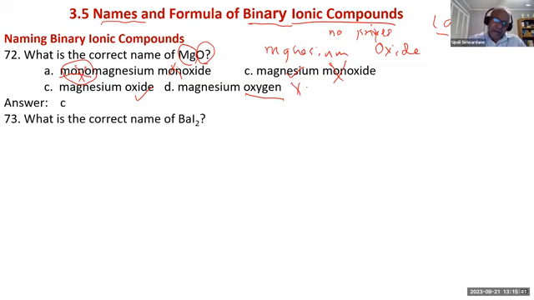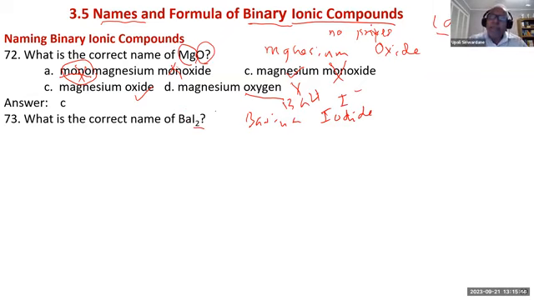What is the correct name for BaI2? That's barium iodide. The name of I minus here. Barium makes 2 plus. Iodide makes 1 minus. Therefore, the charge should be balanced.